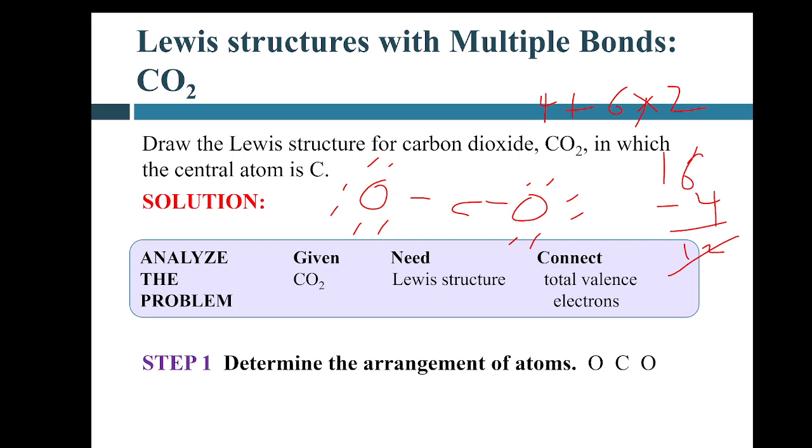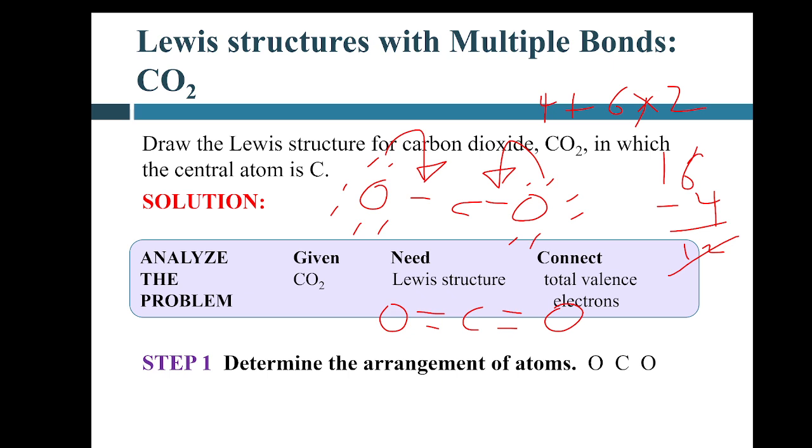So what you're going to do now is you're going to move lone pairs from around into bonds until everything's noble-like. So the stuff that surrounds it, you're going to move those lone pairs into bonds to make everything noble-like. Okay, so that's going to end up giving me a double bond here and a double bond right there.